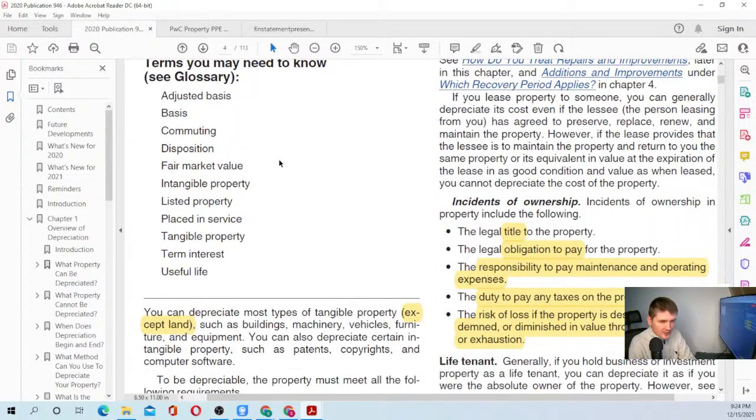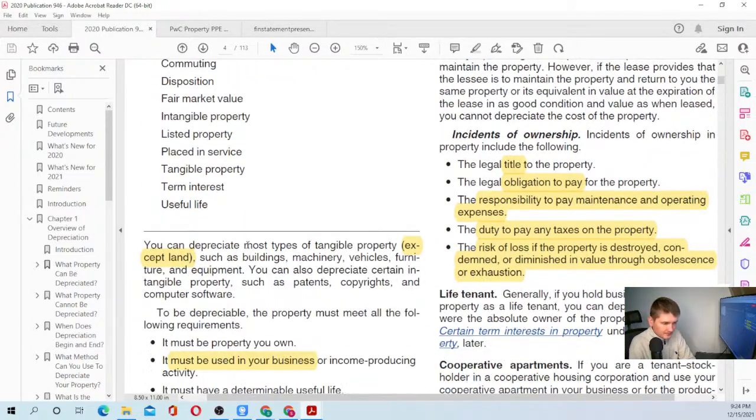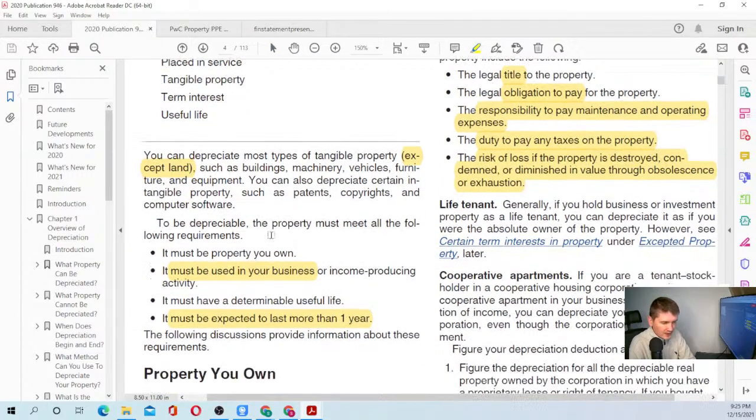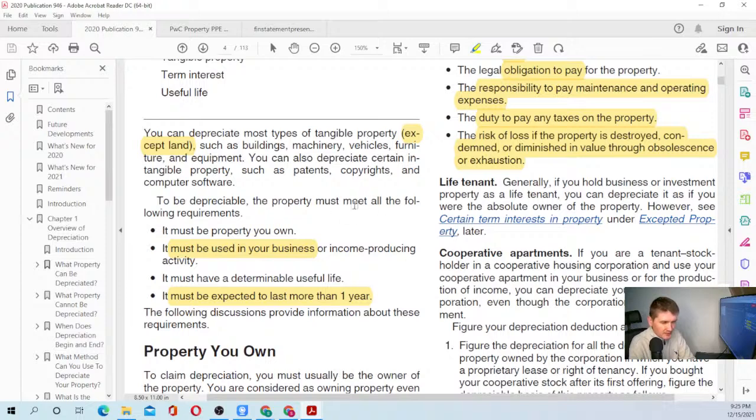So what property can be depreciated? You can depreciate most types of tangible property except land. It's the same as in accounting. Buildings, machinery, vehicles, furniture, and equipment. To be depreciable, the property must meet all of the following requirements. You must own it.